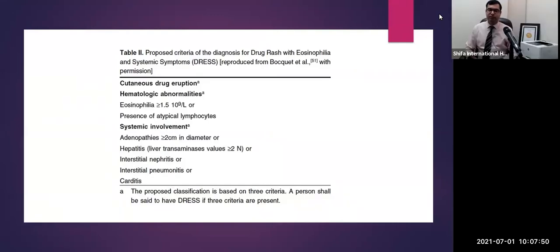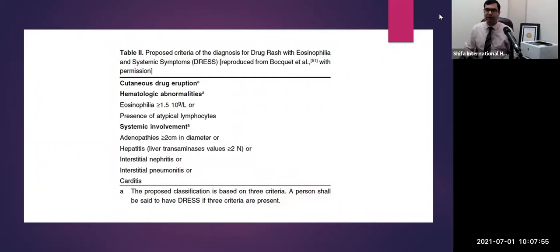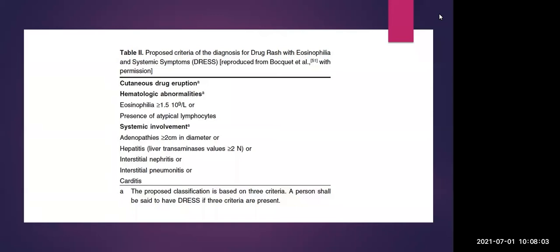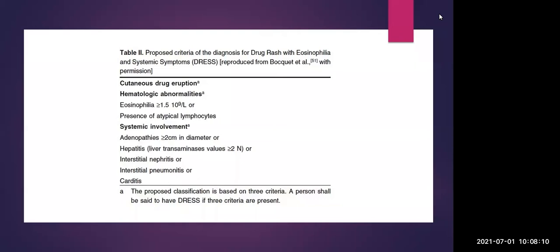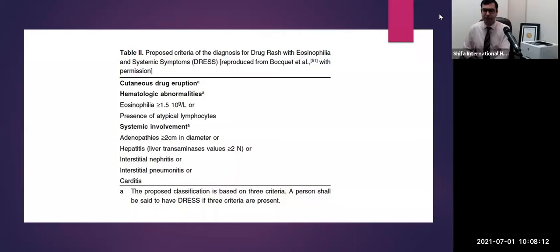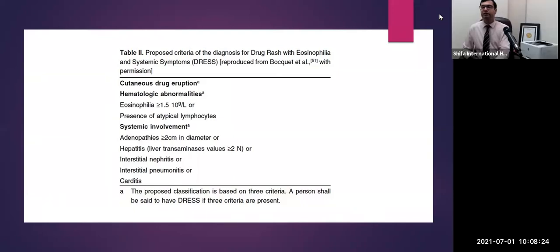Now there is a proposed criteria. There are different criteria, but this one is slightly more in line with clinical practice. You can see temperature, that's the first thing we talked about. If you look at temperature and rash, and then hematological abnormalities, you have eosinophilia, so high eosinophils, presence of atypical lymphocytes if you do a blood film, and then systemic involvement, which is lymph nodes anywhere in the body when examining the child, and liver involvement.